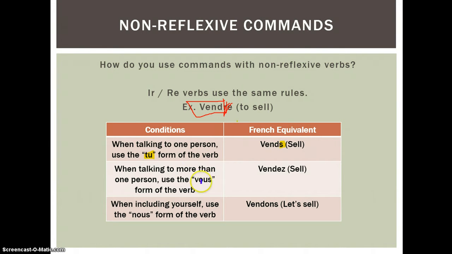If you're talking to more than one person, again, you use the vous form, drop that RE, and add EZ. Lastly, if you're including yourself, again, you use the nous form. So you drop your RE, use that as your stem, and add the ONS ending for vendons. So we have vends, vendez, vendons.